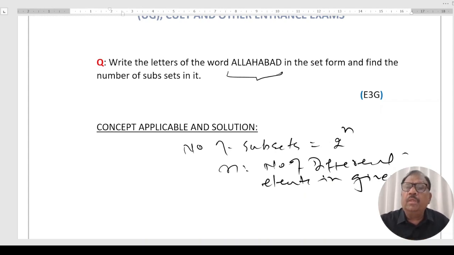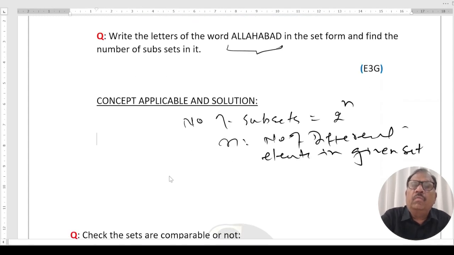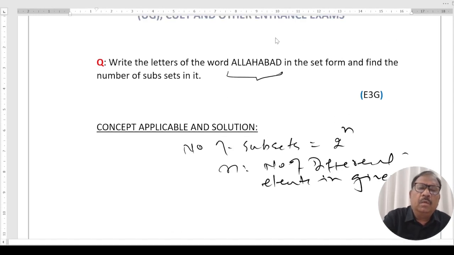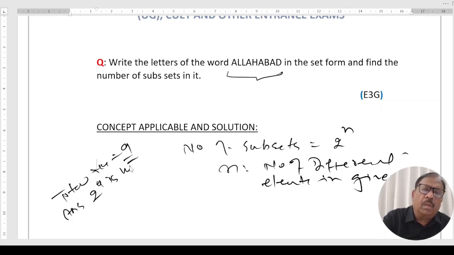In this case, 1, 2, 3, 4, 5, 6, 7, 8, 9: total letters are 9. But the answer will not be 2 to the power 9. 2 to the power 9 is wrong. Reason: all are not different.